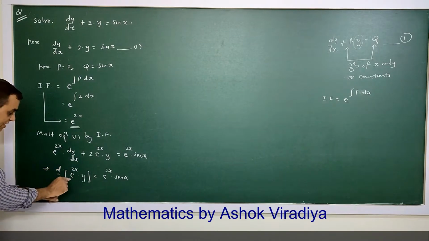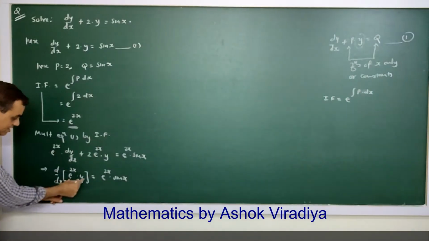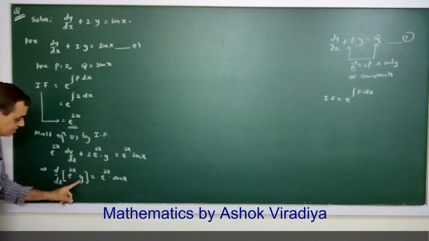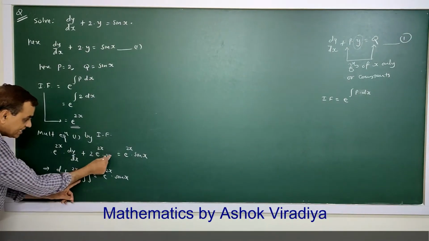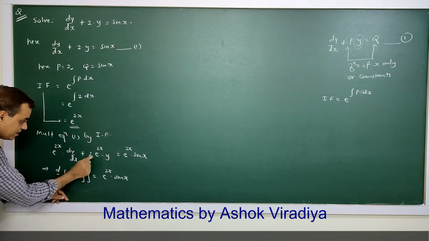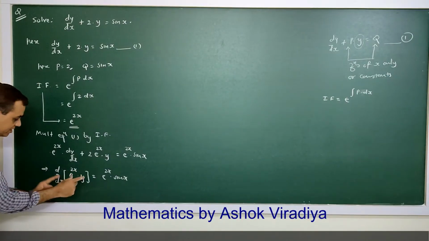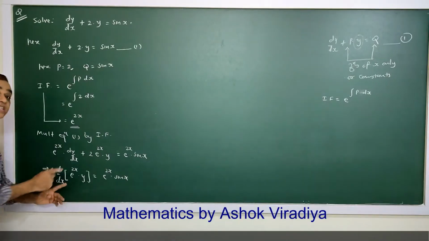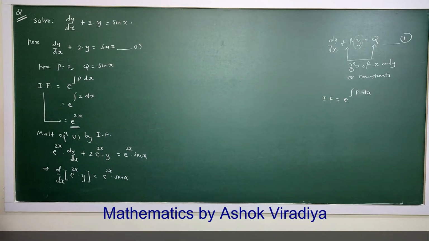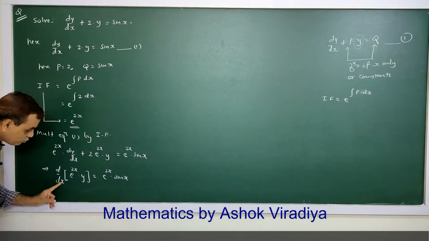What is the derivative of this product? u as it is, derivative of y is dy by dx, plus y as it is, and derivative of e raised to 2x is 2 times e raised to 2x. So it is d by dx of e raised to 2x into y. So it always happens.